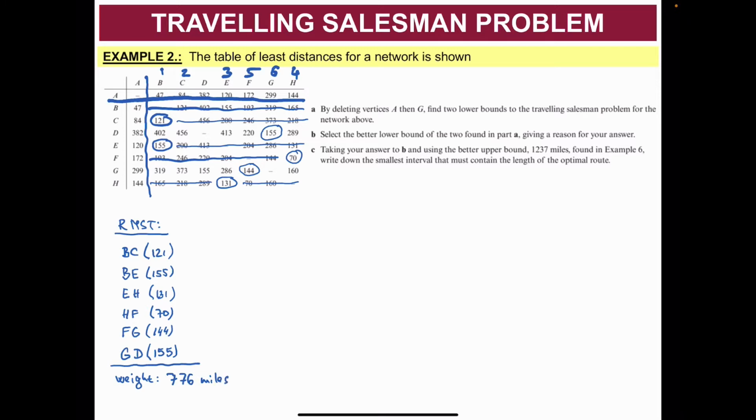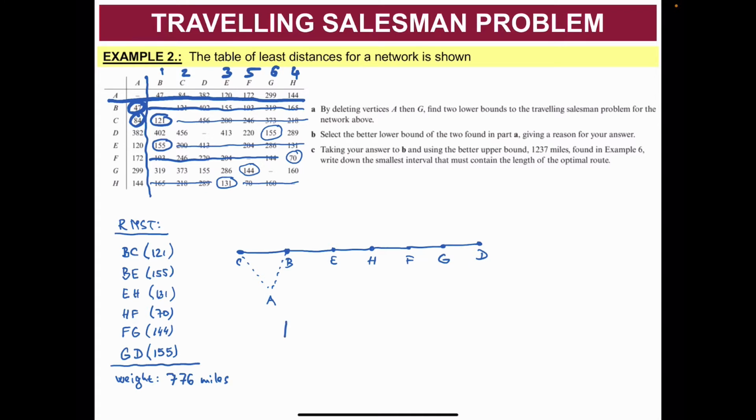Now if you sketch it, I have BC and BE, so E, B, C, and then I have EH, HF, FG, and GD. Now I'm going to reconnect the A, the lowest numbers are 47 and 84, so B and C. So this A here.